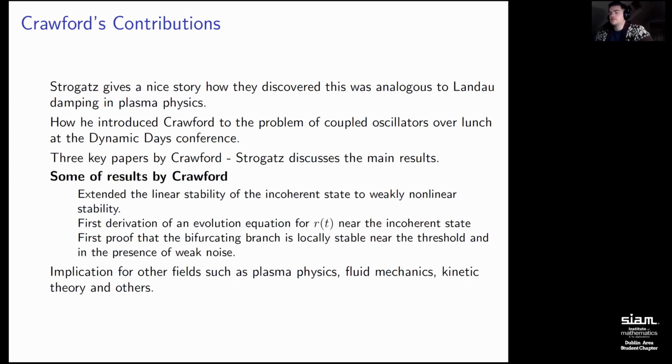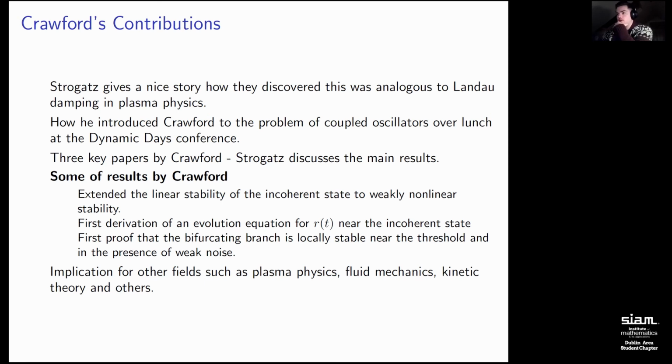And here's a summary of them. Crawford was able to extend the linear stability of the incoherent state to weakly nonlinear stability. He was able to give a derivation of the evolution equation for R near the incoherent state. Kuramoto had tried previously to tackle this, but he didn't succeed, or at least he succeeded but was incorrect.